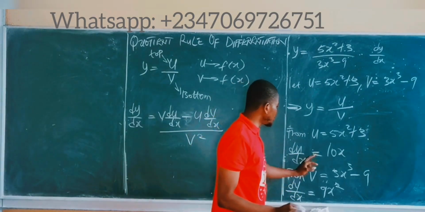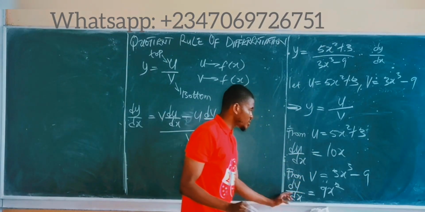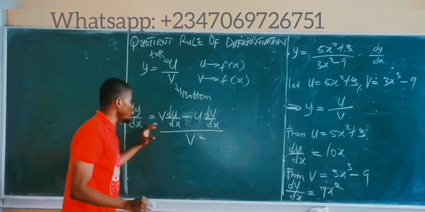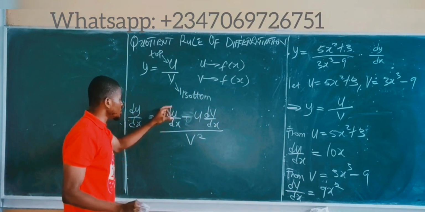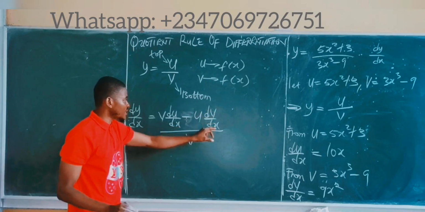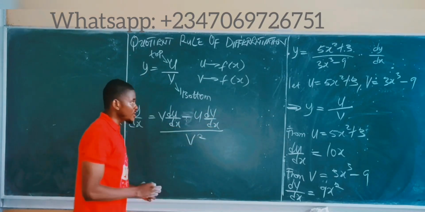Now we know du/dx, we know dv/dx. All we need to do is plug into the formula. We know what v is, what u is, and du/dx and dv/dx.